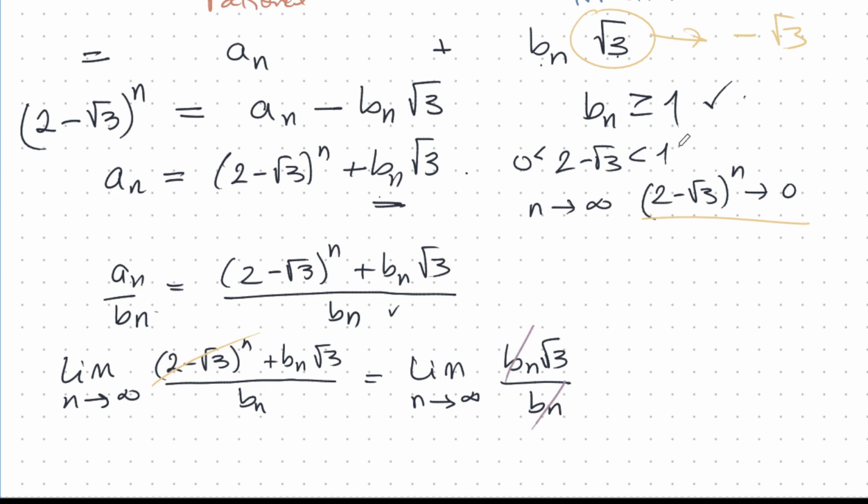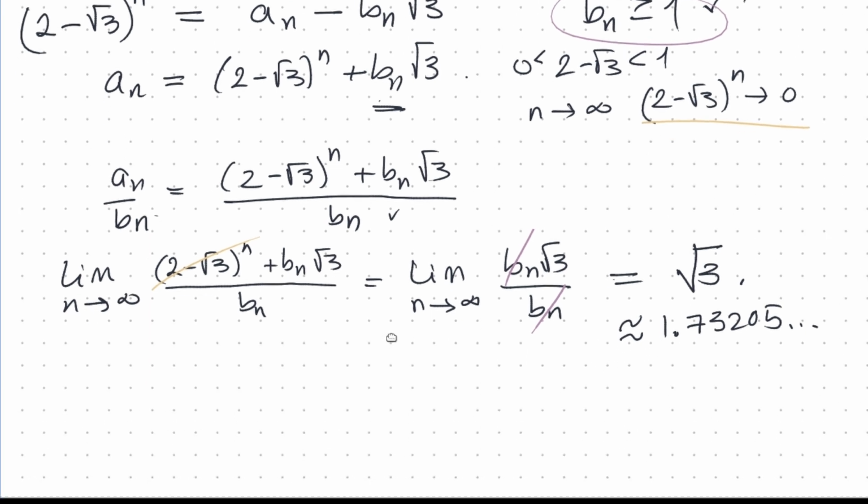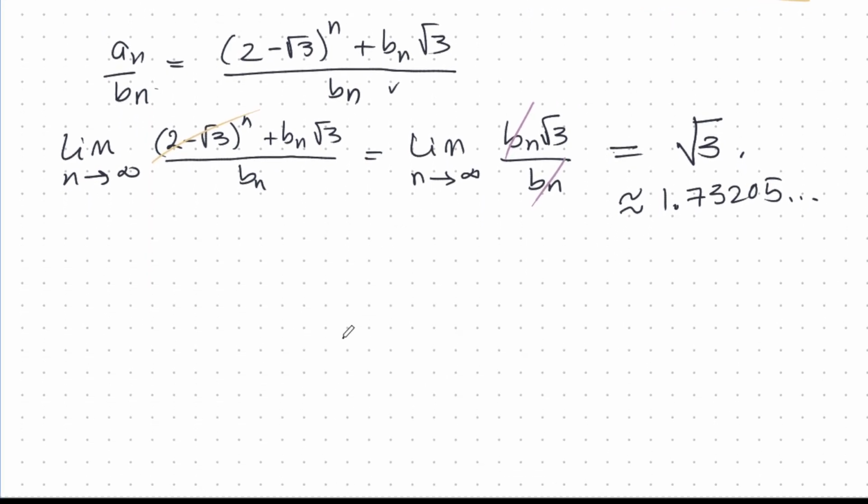There's no problem because I proved this. Right, and so this limit is root 3. And if we go back, we see 1.7 something. That was indeed root 3. 1.73205 something or other. That was the number we got earlier in that table that I computed with Maxima.